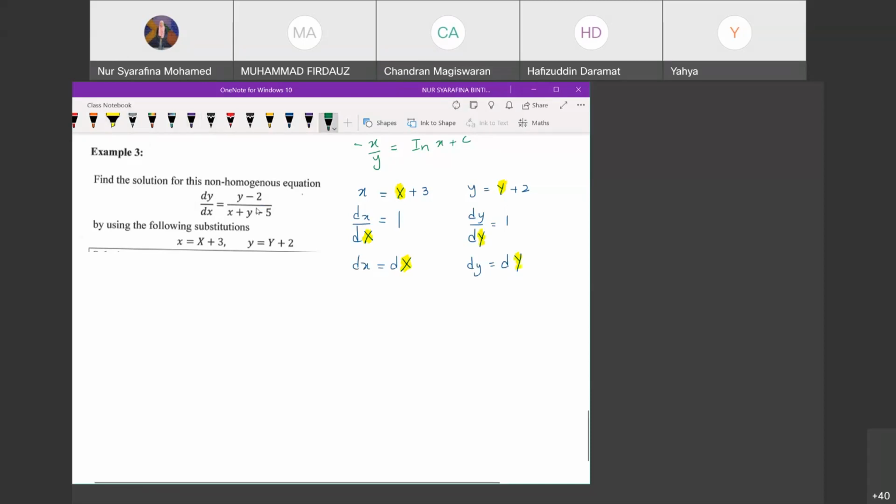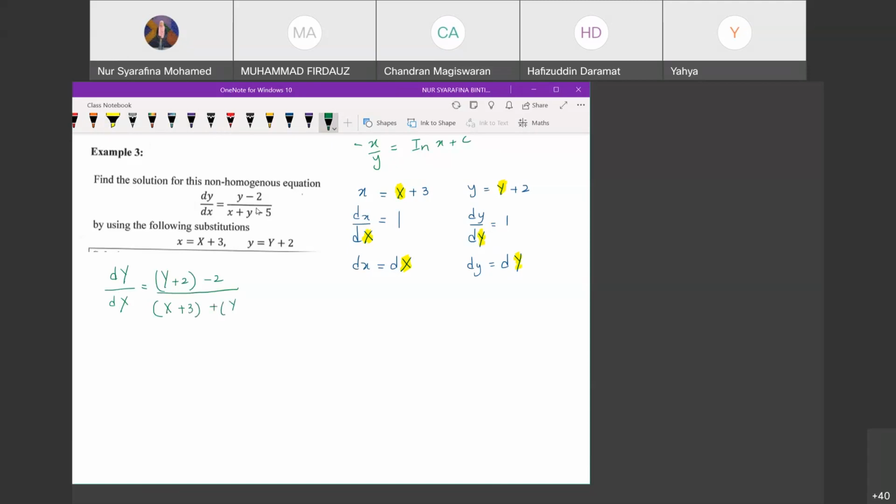Okay, now just substitute here. dy is dy, dx is dx, and Y equals y plus 2 minus 2, X equals x plus 3.